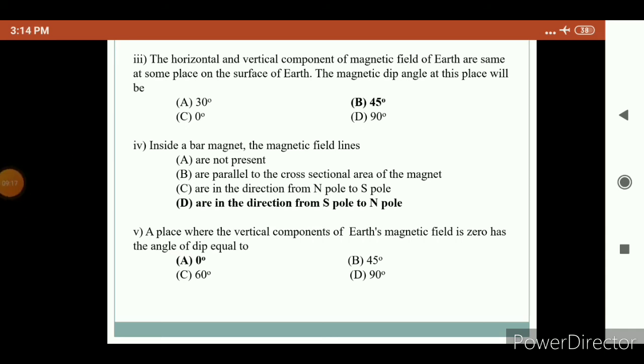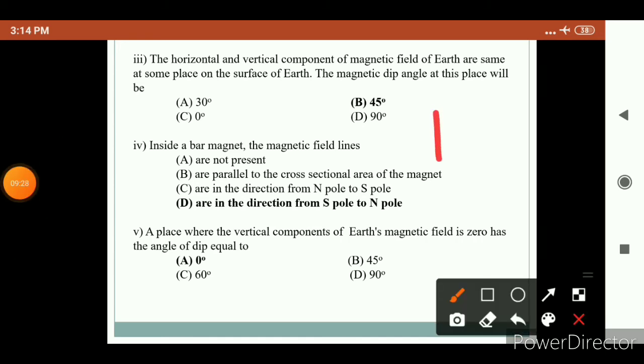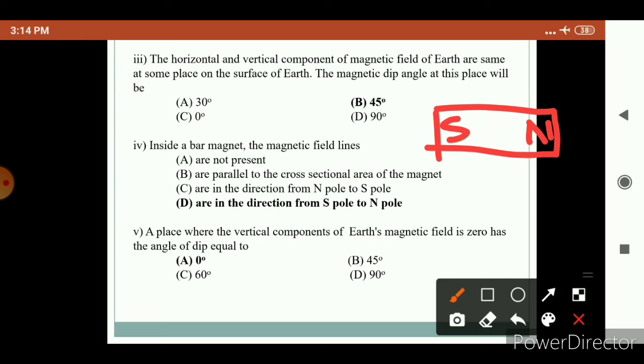Now next, inside a bar magnet, the magnetic field lines. Inside a bar magnet, magnetic field lines are in the direction from south to north, right? Normally at the south pole we say it is the receiver, and the north pole sends out the magnetic lines of force.